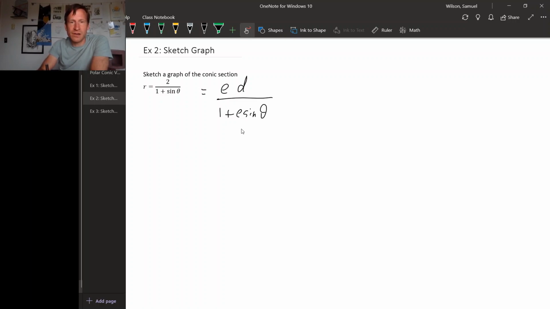So because of the sine here, we know that our conic section is going to be oriented vertically. Comparing denominators, since these match, the coefficient on sine is our eccentricity, and so eccentricity is 1. And when eccentricity is 1, that's when you have a parabola.